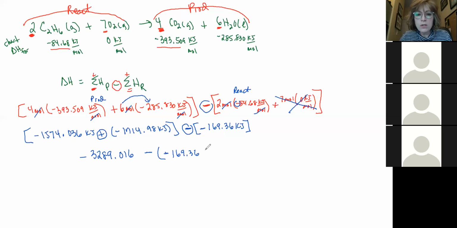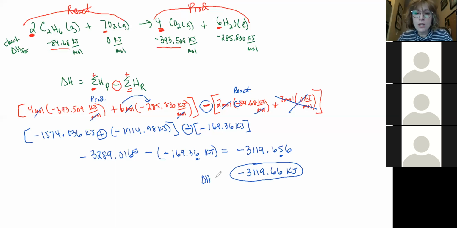And all of this is kilojoules. Both of them are. Now I just should be able to do the math. Subtract the negative 169.36, and I get a negative 3119.656. And if I look in significant figures, I have to end there. So negative 3119.66 kilojoules. This is the heat of the reaction, the delta H of the reaction.